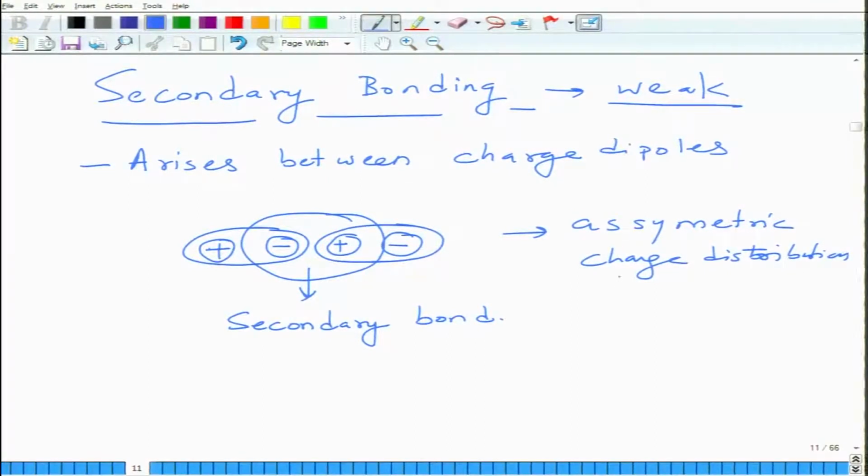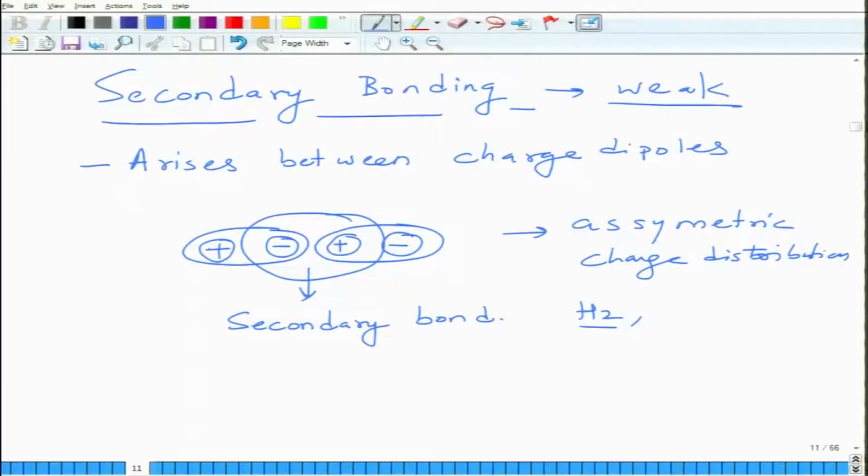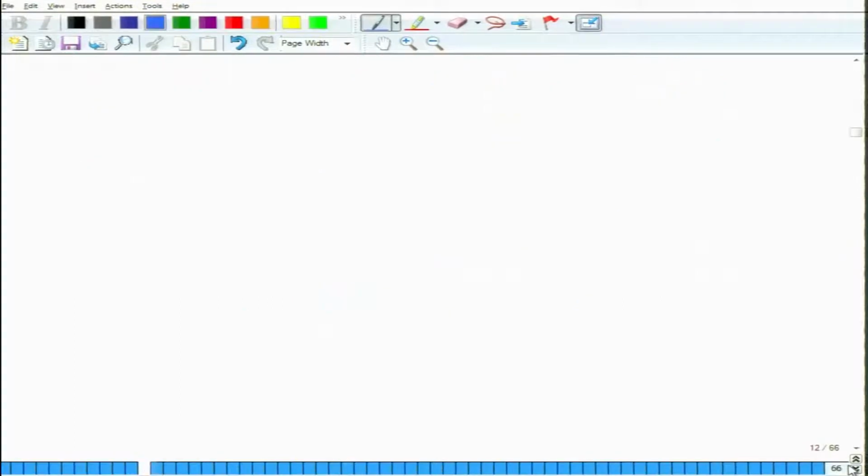This happens in things like hydrogen; most of the gases have this kind of van der Waals structure because they have very weak bonding, and water molecules are secondary bonded. Then the second type could be, for example in polymers, where you have these polymer chains.